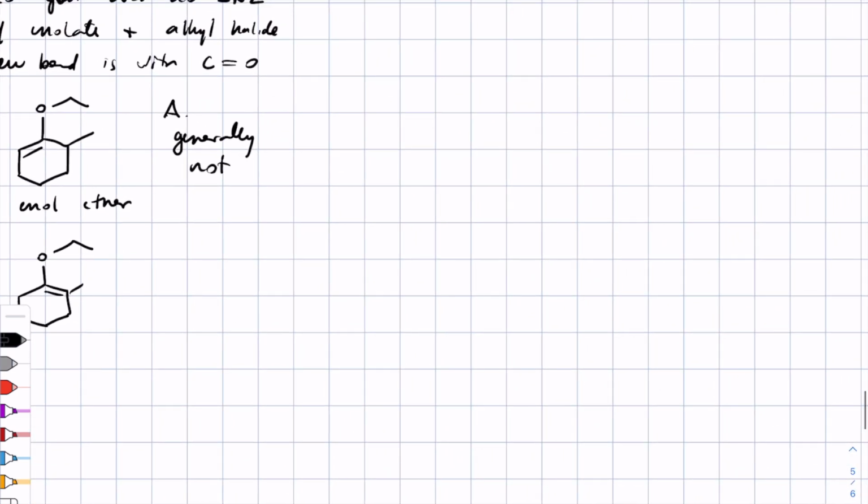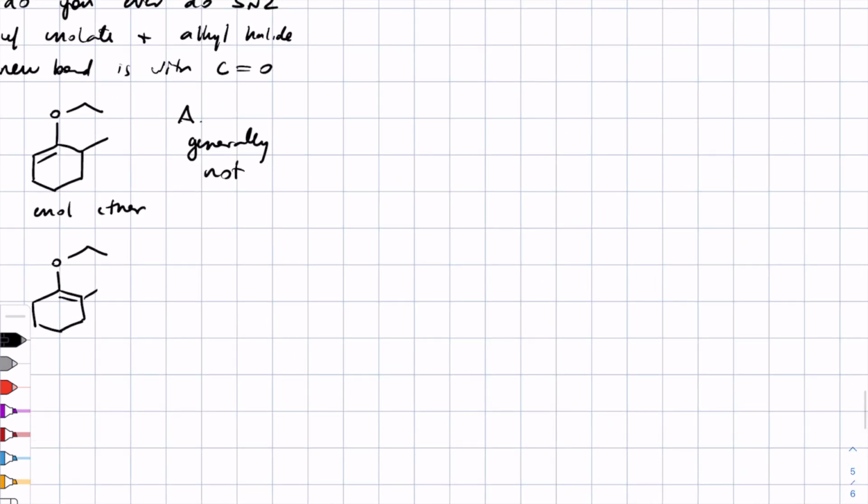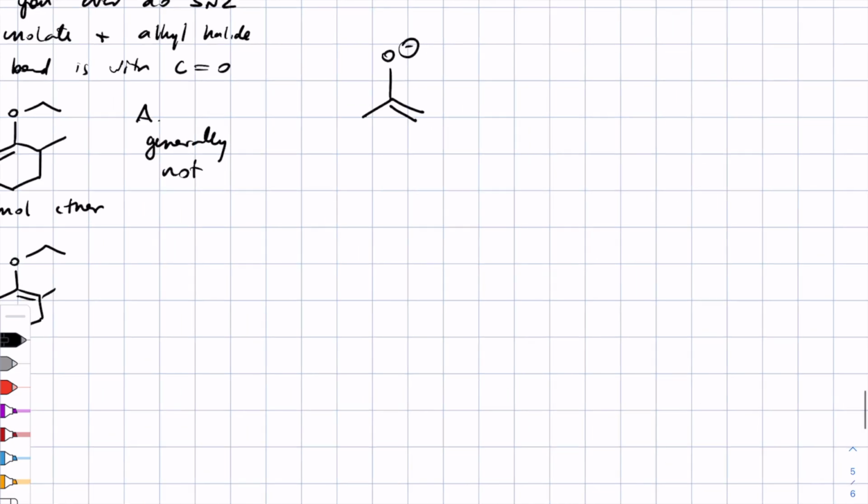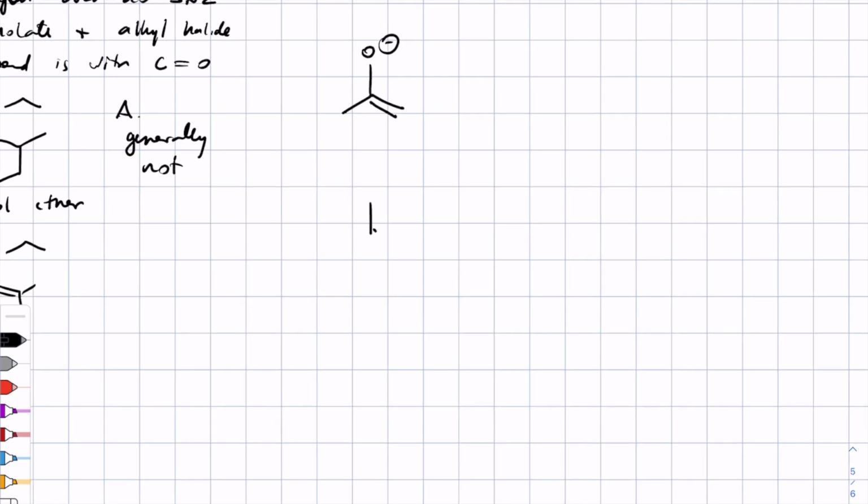I want to show you qualitatively what the results are for some MO theory calculations on an enolate. So I'm going to just simplify the enolate if that's okay. It turns out that the enolate is not so very different from an allyl anion.